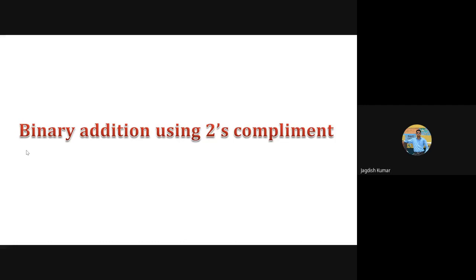With the help of two's complement notation, we can even do subtraction in the form of addition, or we can see subtraction as a type of addition only. So how to understand binary subtraction as a form of binary addition with the help of two's complement, we shall be doing in the next class.